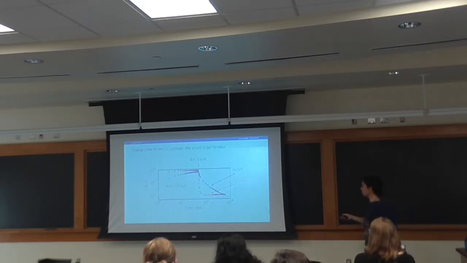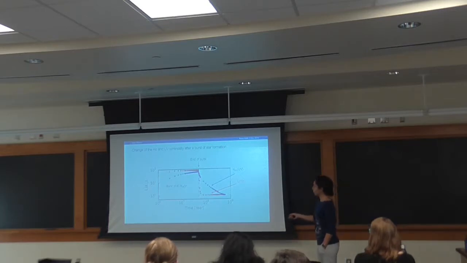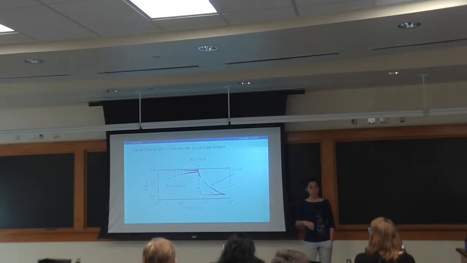And to show this point, I'm here showing a simulation of a burst of 80 solar masses per year on top of a constant star formation rate, luminosity versus time. This is where the burst of star formation ends. Red is following H-alpha luminosity and blue is following the UV luminosity.